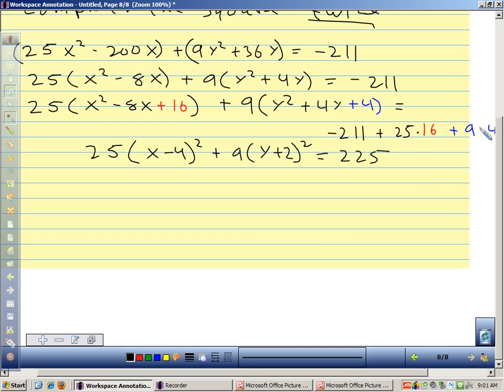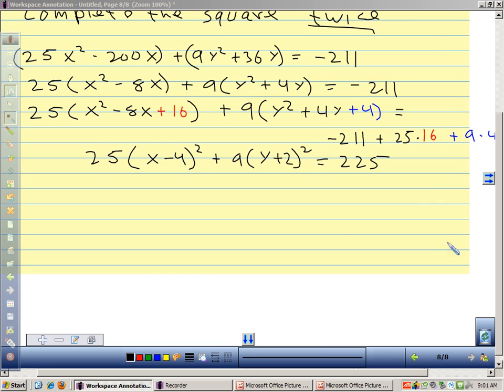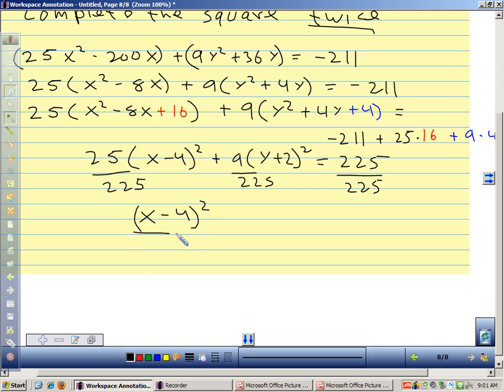We're almost done now. For our standard form of our ellipse, what do we need here on the right-hand side? We need a 1. So we're going to divide everything by 225. And I get x minus 4 squared over 9 plus y plus 2 squared over 25 equals 1.